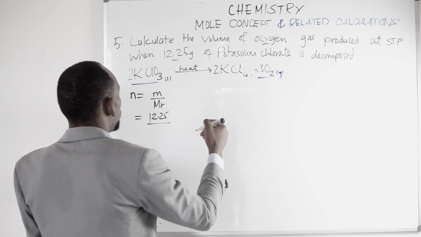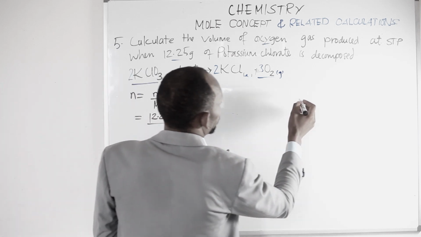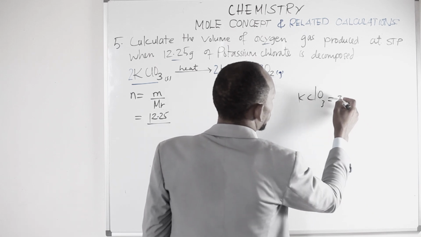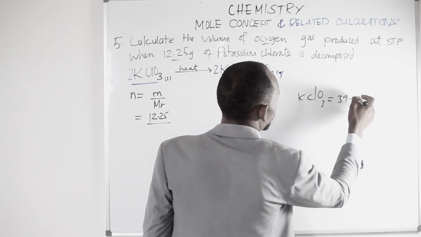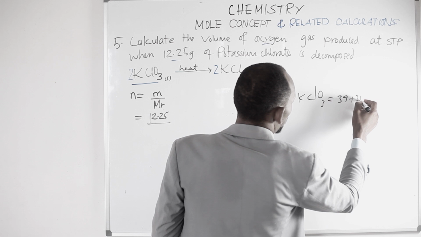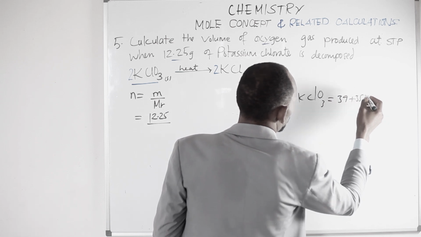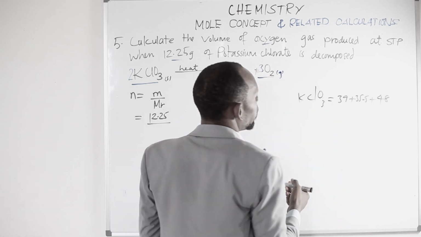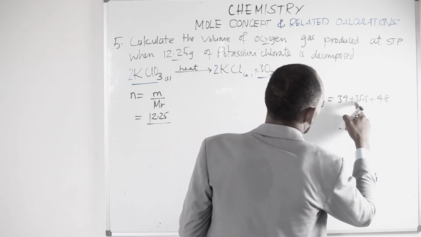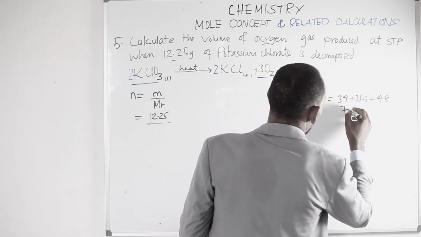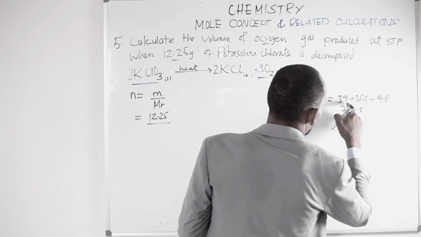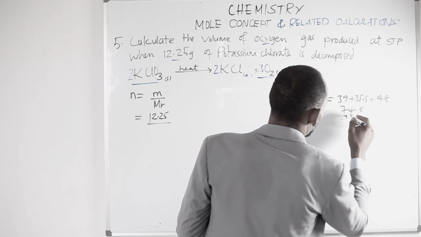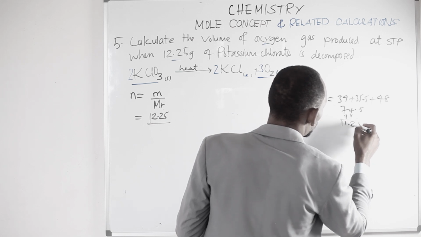It is 39 plus chlorine, 35.5, plus oxygen, 16 times 3, which is 48. So 74.5 plus 48 gives 122.5.